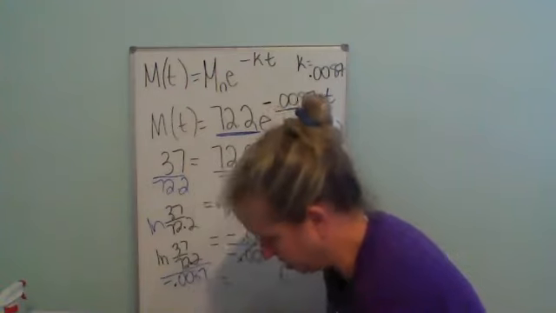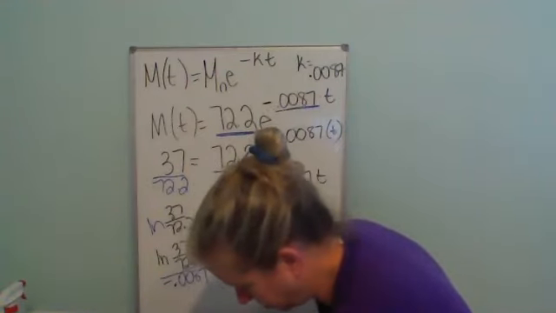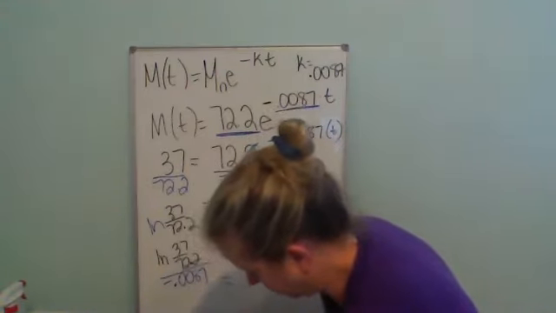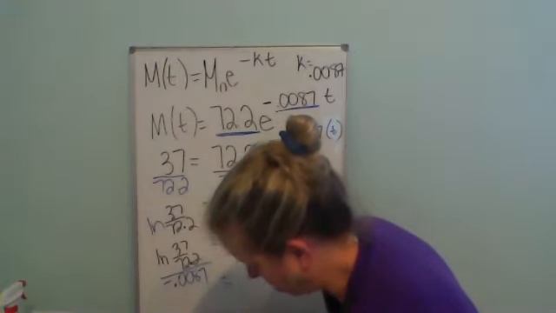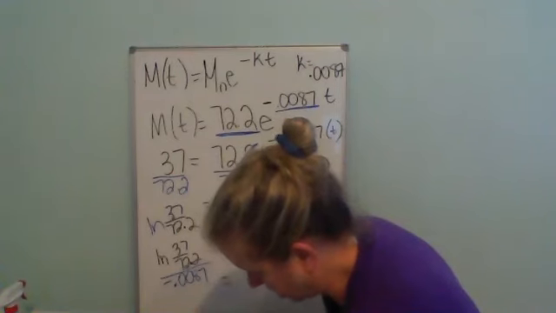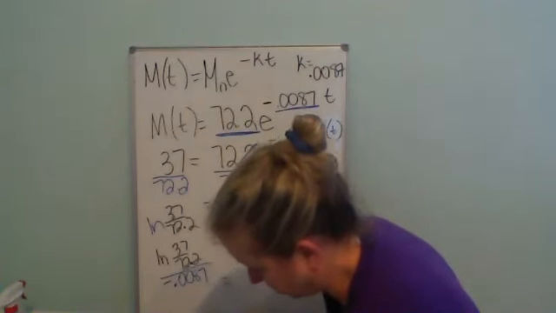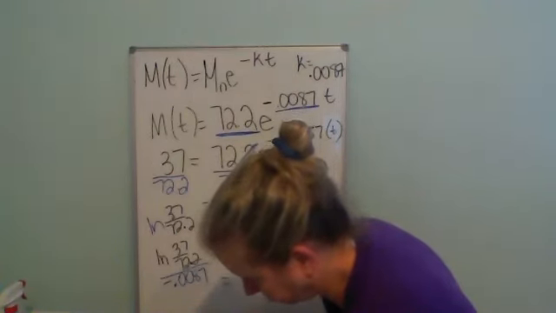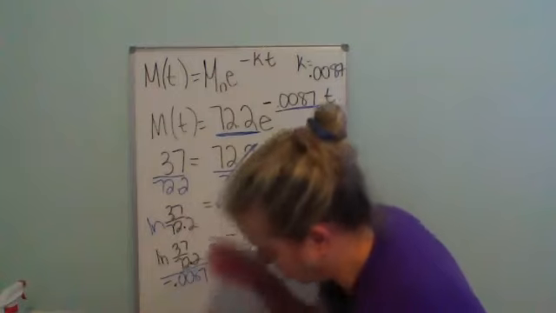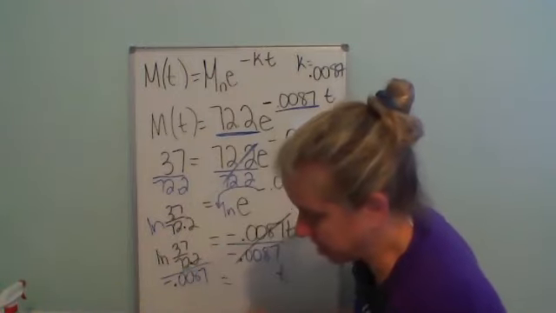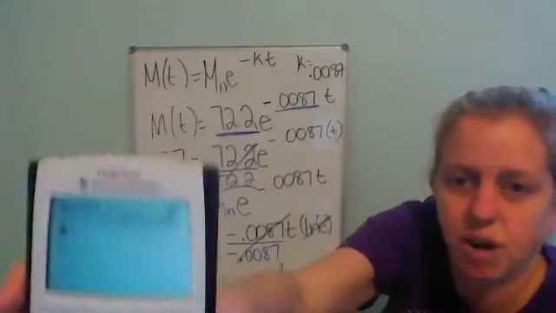I must have typed it in wrong. ln 37 over 72.2 close, divided by negative 0.0087. Oh, there it is. I don't know what happened. I must have typed it in wrong the first time.